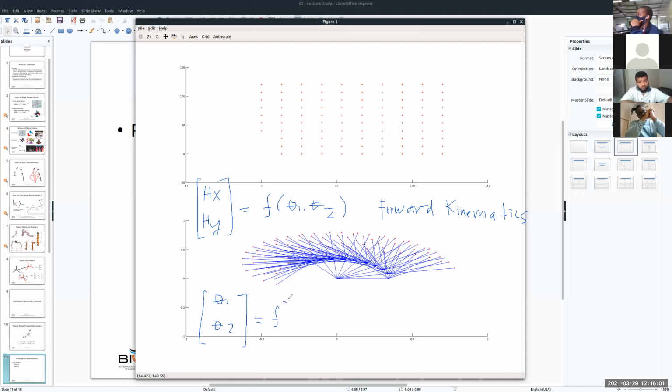So it is the inverse of that function f, given the hand position. This is what we call inverse kinematics.